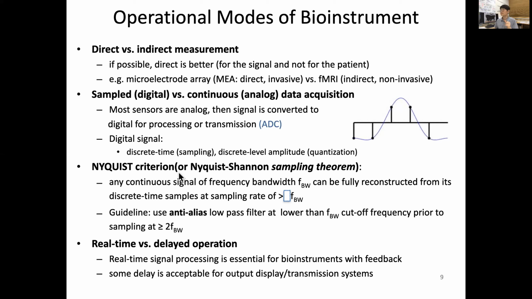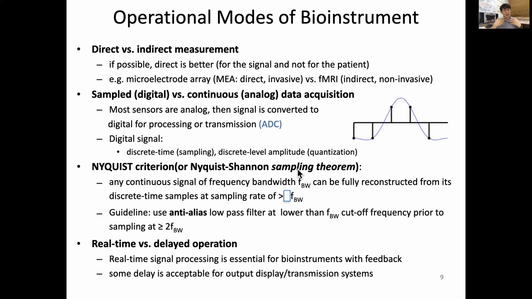Okay. Now, I want to describe one of the most famous and important criteria in our measurement, called the Nyquist criterion. Those who are in engineering usually have learned about this; those who have a non-engineering background may not be very familiar with it. This is also called the Nyquist-Shannon sampling theorem. So what is the sampling theorem?